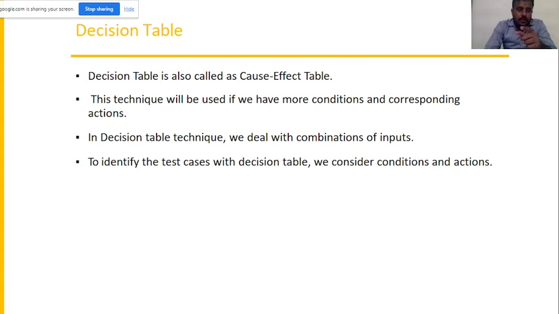And one more thing, if you want to use this technique, Pooja, conditions and corresponding actions should be there. If you have one condition, corresponding actions should be there for that condition. In the decision table technique, we deal with combinations of inputs. To identify the test cases, we consider conditions and actions.